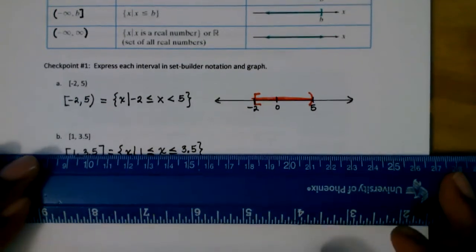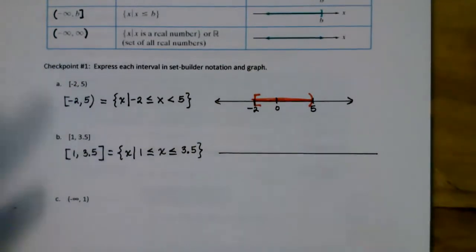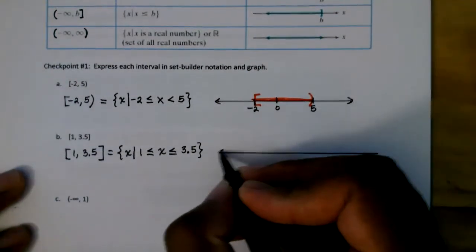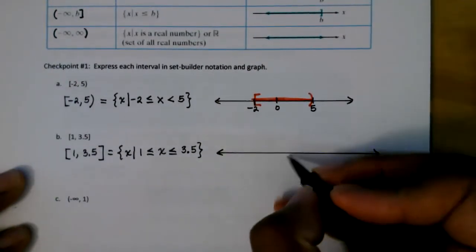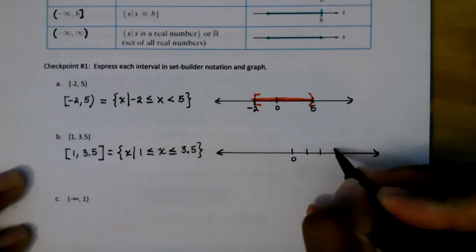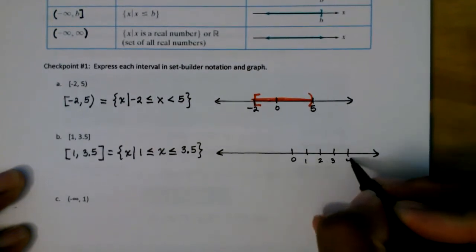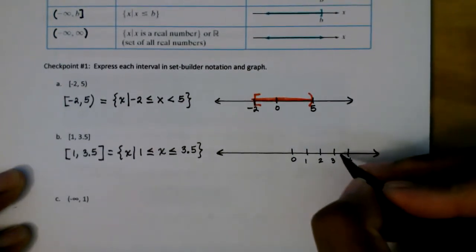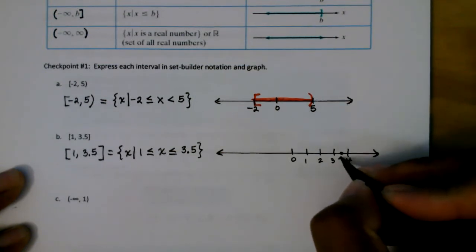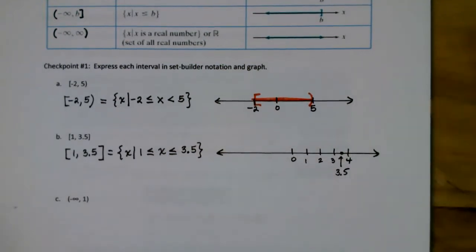And also we need to do the graph as indicated in the directions. So I'm going to put 0 in the center. Let's see, 1, 2, 3, and 4. Now 3.5 is halfway between 3 and 4. So that point there will be 3.5. All right.